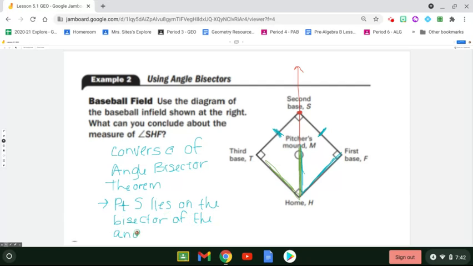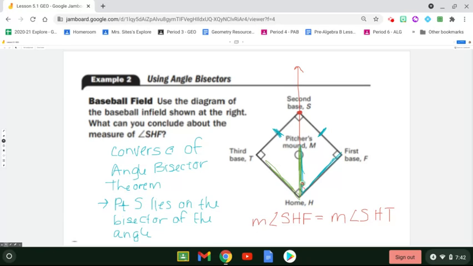So here's what we can say now. We know that the measurement of angle SHF has to be equal to the measurement of angle SHT. And what do we know about it? Well, hey, look, it's 90 degrees, right?